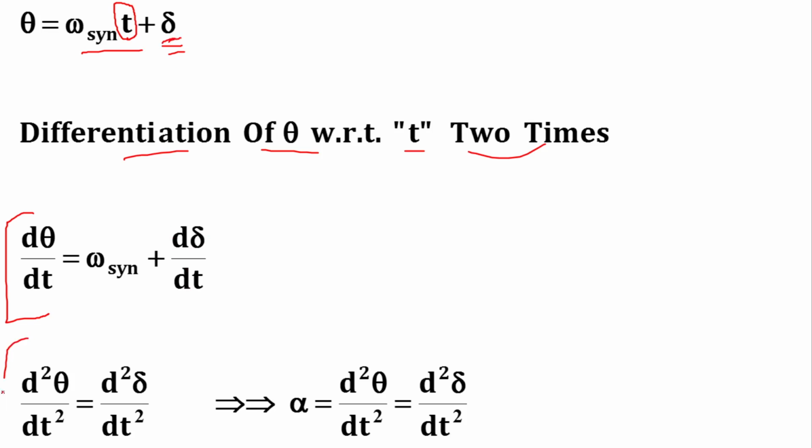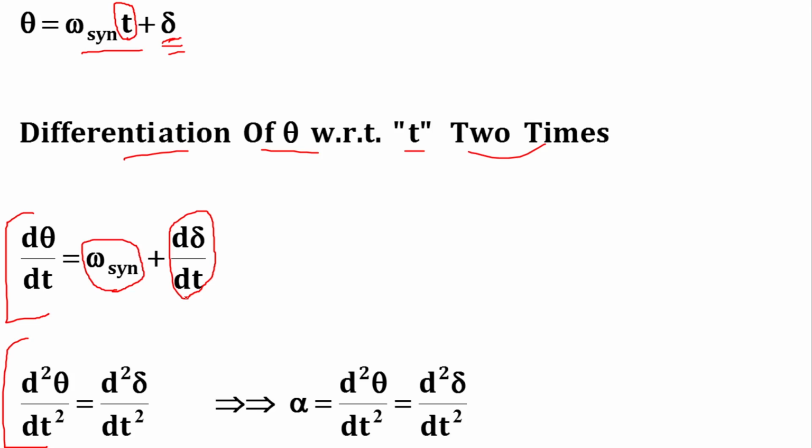Now the second time derivative gives d square theta by dt square equal to, omega synchronous being a constant, the differentiation of a constant with respect to t gives 0, and the second differentiation of delta gives d square delta by dt square.